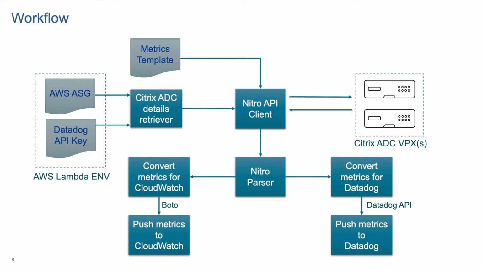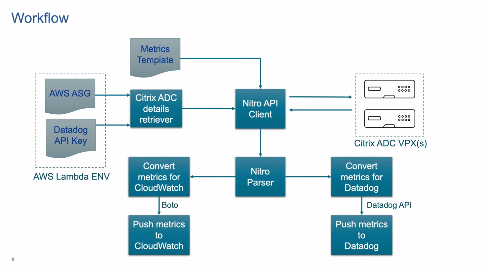So there is a module that converts the Nitro data that we got from ADC into the data format which CloudWatch expects, and that is what this converter module does. And then we use Boto3 to push the metrics to CloudWatch.